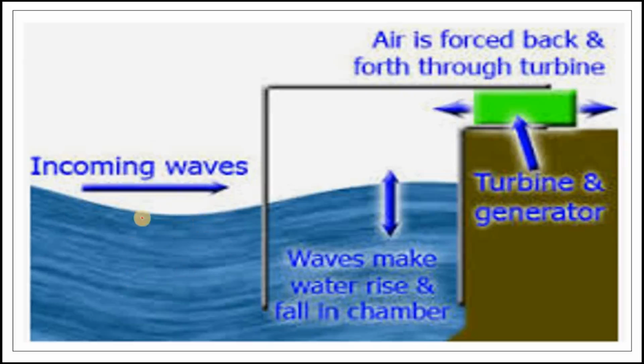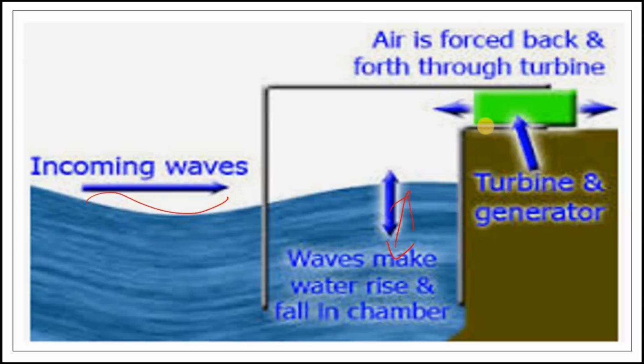See, the incoming waves, the waves which are coming inside, they are made to enter this chamber, right? And we have a turbine generator up here, and the up and down motion of the waves will move the turbine, and we can generate electricity, right? So air is forced back and forth through the turbine. There are different ways of doing this, right? This is a very simple diagram of how electricity is generated by waves, but we can use the energy of the waves to move the turbine, right?